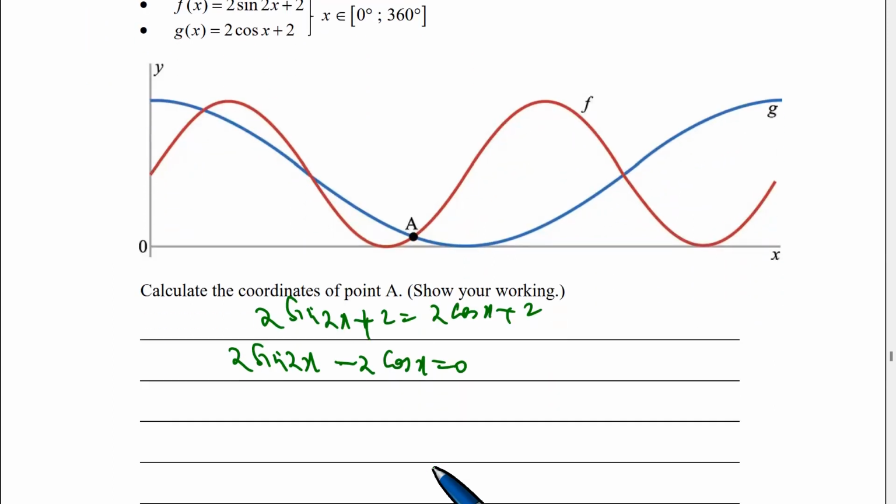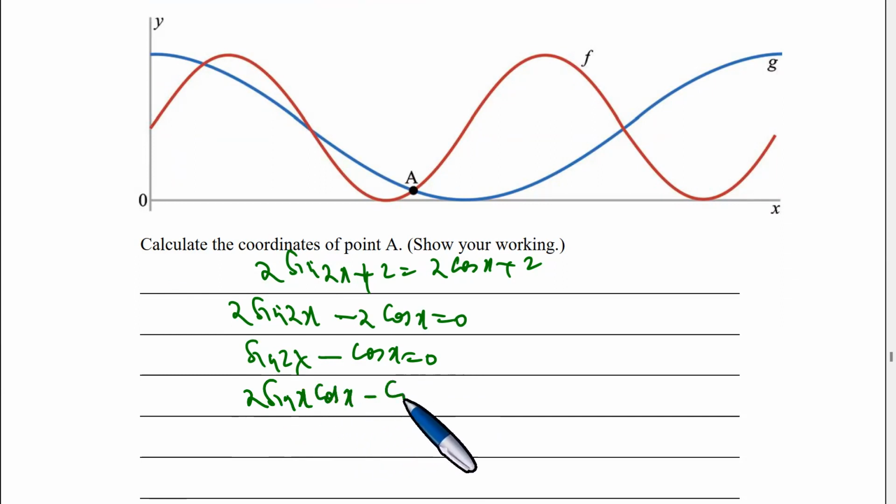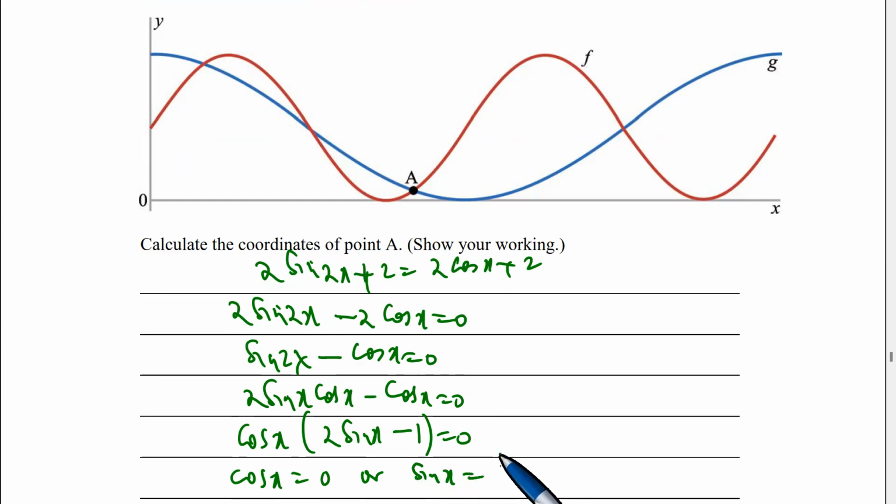So what is the answer to this? You can divide through by 2. Sine of 2x minus cosine x equals 0. 2 sine x cosine x minus cosine x equals 0. Cosine x, which is 2 sine x minus 1, equals 0. Cosine x equals 0, or the sine of x equals 1/2.